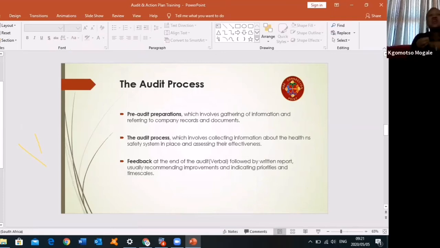They will also check the behavior of how people are working, and check if it correlates with the information, meaning the documentation that you have, the company records. It's not just on paper, but is it happening on site?